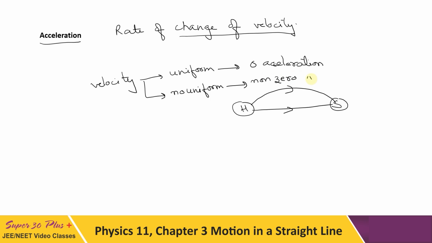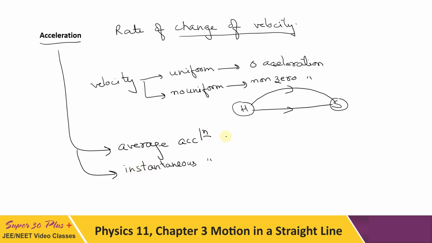Now let us again define two acceleration terms. One is average acceleration and the other, as in all previous kinematical terms, will be instantaneous acceleration. So average acceleration, as you know, has nothing to do with what happens in the journey. It may be possible that you started from home with 2 km/h.